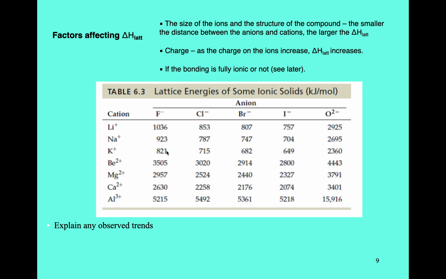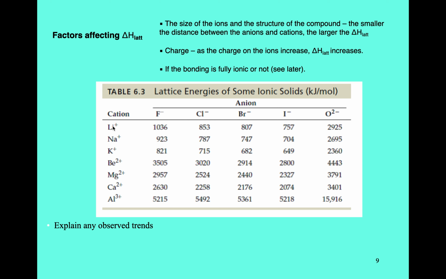You need to write your own notes for this. You can repeat the video and just come up with some very simple trends. So that's going down group 1 fluorides, the same pattern going down the chlorides, the same pattern going down the bromides, etc. How about if we compare two anions, the fluoride ion and the oxide ion, which are of similar sizes, with lithium fluoride and lithium oxide?